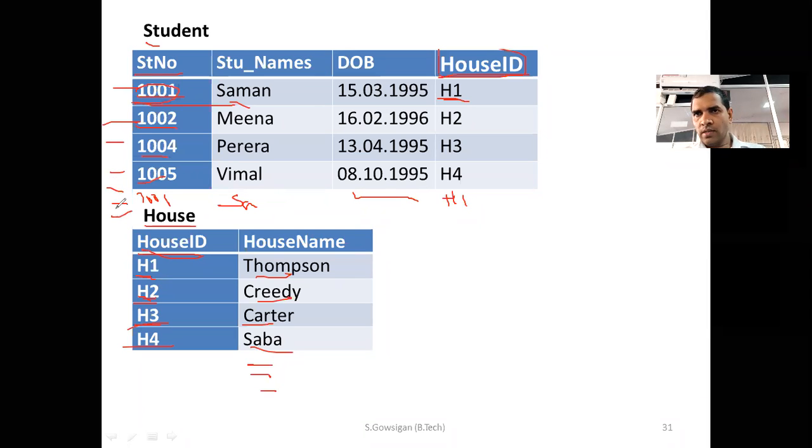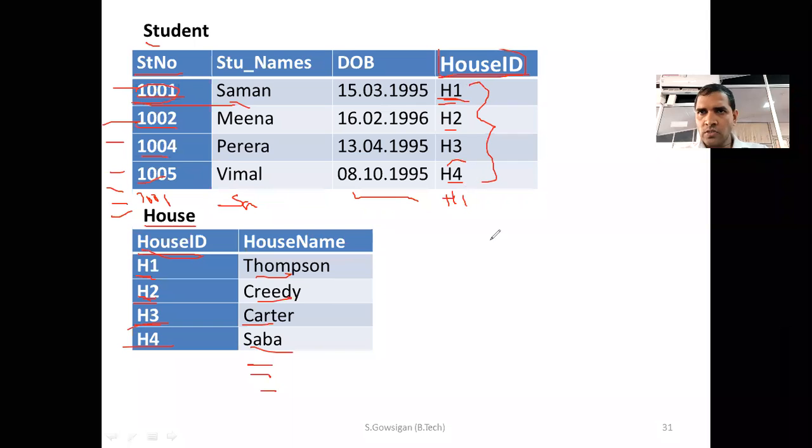Fortunately, all these house IDs are unique: H1, H2, H3, H4. So when someone looks at this house ID, he or she may think that it is unique, because H1 is not repeated, H2, H3, H4 not repeated. So you may think that it is eligible for being a primary key.